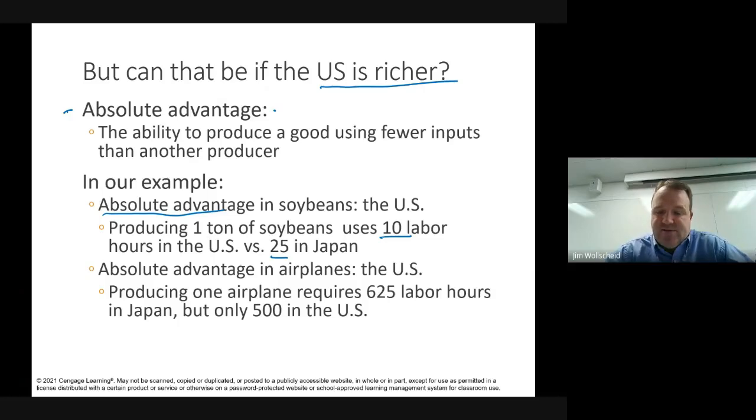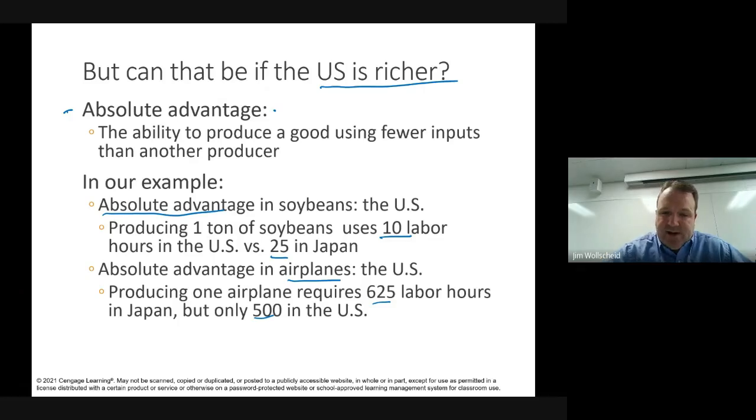So if I have the absolute advantage in soybeans, that means I'm going to be richer in soybeans. If I have the absolute advantage in airplanes, which the US does, right? They only need 500 labor hours, while Japan needs 625. So that means the US can produce more airplanes with the same number of labor hours as Japan. So what that means is the U.S. is going to be richer. They're more productive.